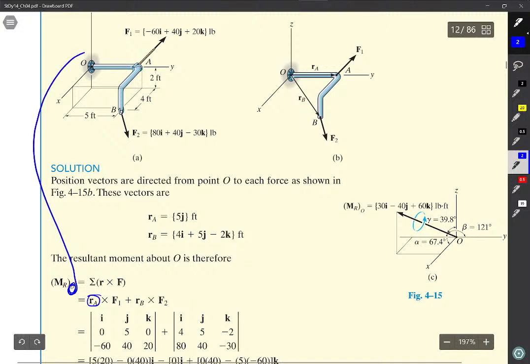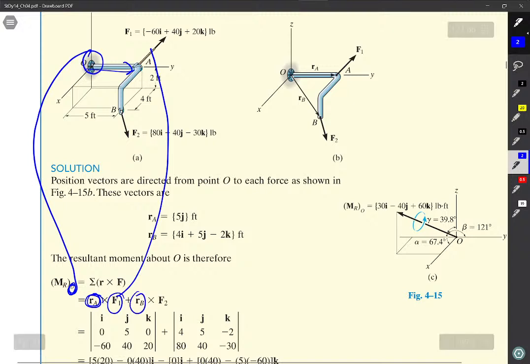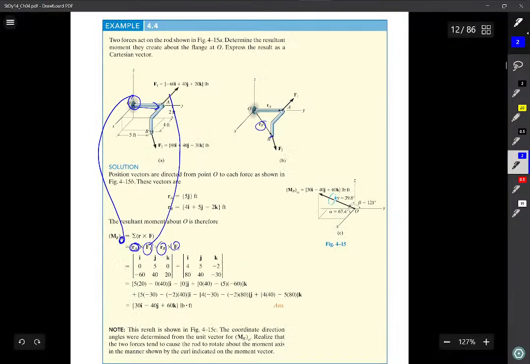You're interested in the moment about here. Draw the vector to A, where that vector runs out here. This load is applied at the end of that vector. Draw a vector out here to B. That is applied at the end of B. That's simple.